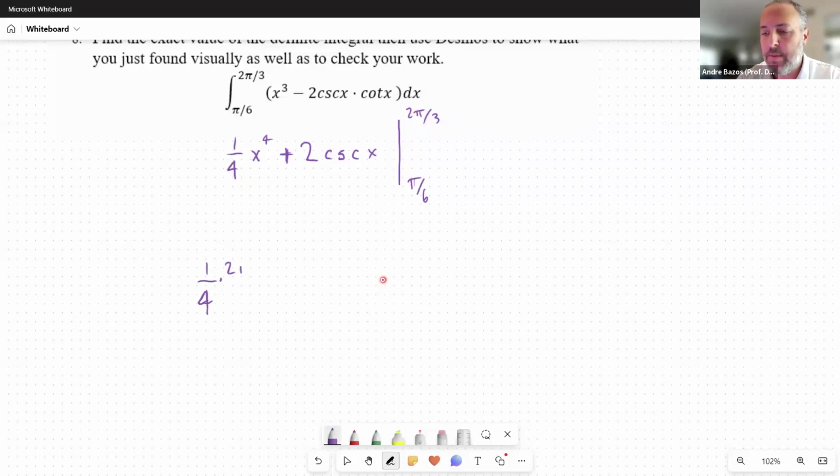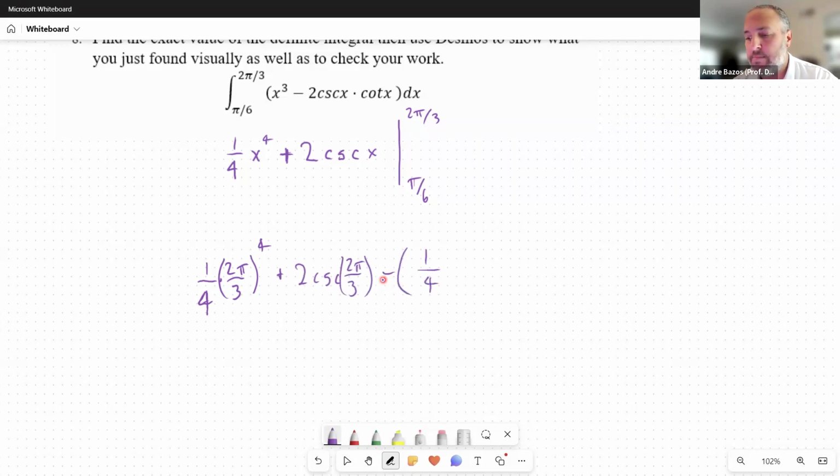So you got 2 pi over 3 all to the 4th power plus 2 cosecant of 2 pi over 3, minus 1/4 of, now we're going to plug in the bottom bound, pi over 6 to the 4th power plus 2 cosecant of, I'm sorry, not 2 pi over 3, pi over 6. I'm plugging in the second line. Pi over 6.